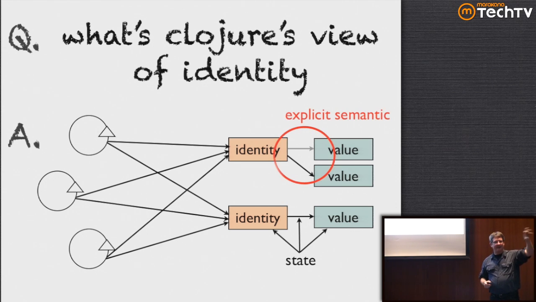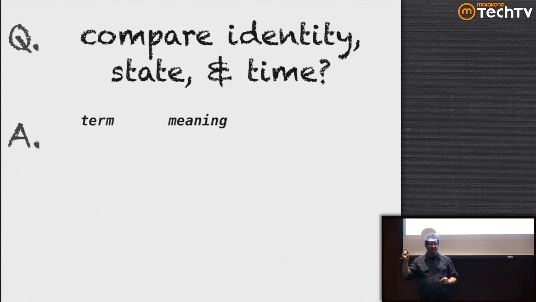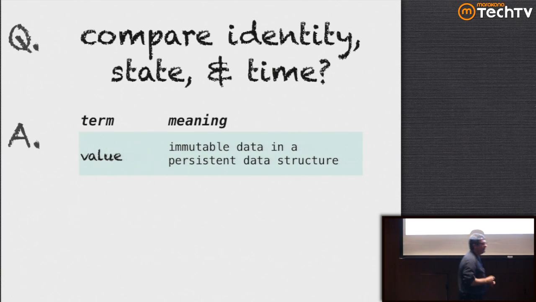The identity's value at a point in time is its state. But what Clojure has done is said, you know what? If you'll let Clojure manage that for you, then Clojure can manage all of threading for you. This is the core. This is the central place where if you'll let Clojure handle assignment for you using its functions, that it'll handle all concurrency issues for you. That's the way that this works.